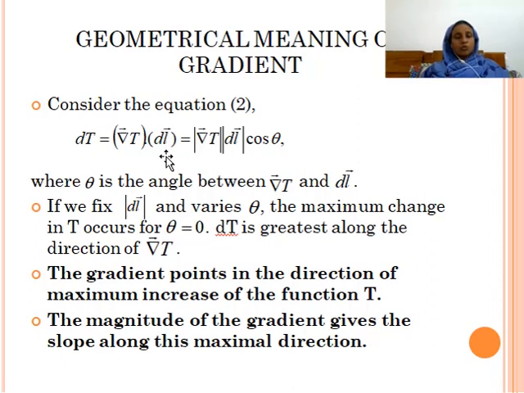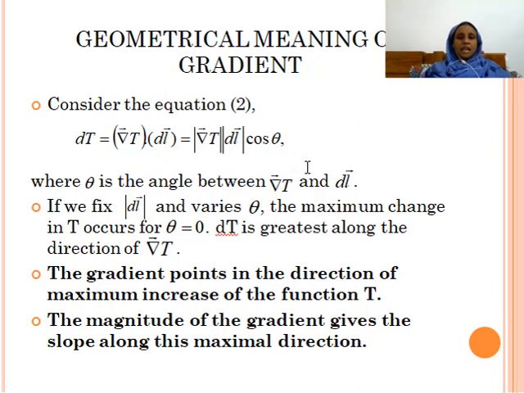Now using the abstract definition of the dot product, you can write this as modulus of gradient T, modulus of dl, cos theta, where theta is the angle between the gradient and the infinitesimal displacement vector. Okay, using this expression, we can find out the geometrical meaning.